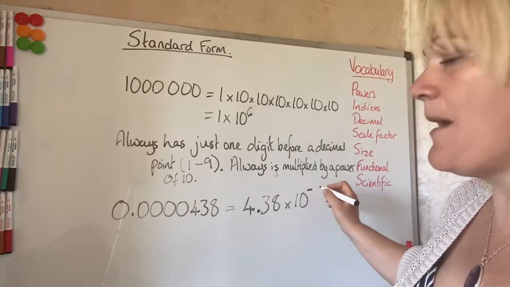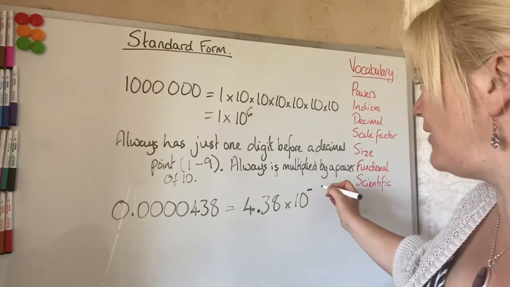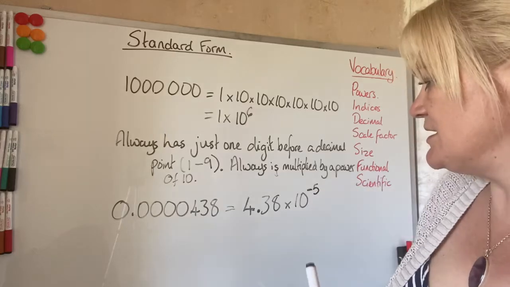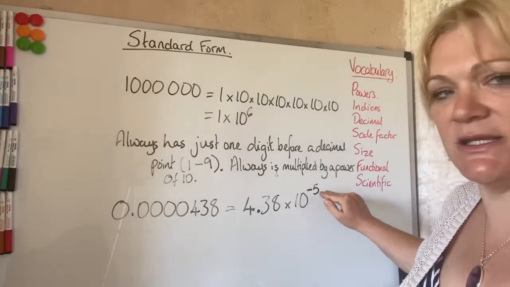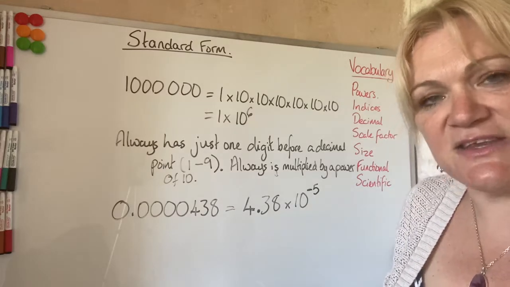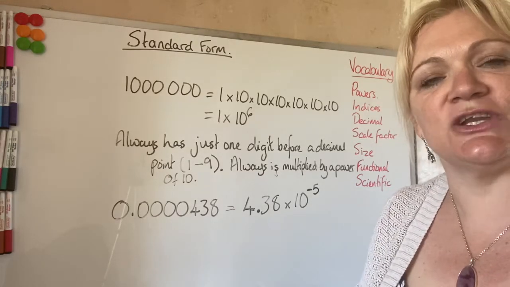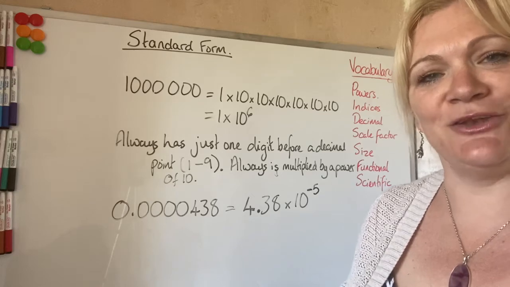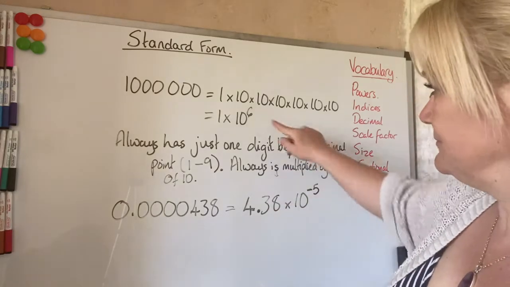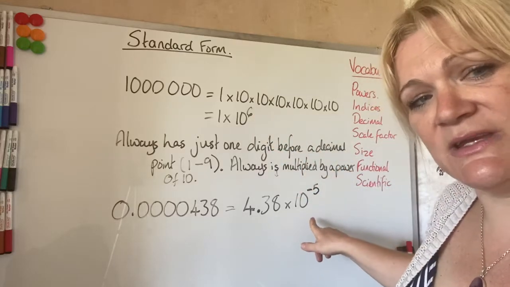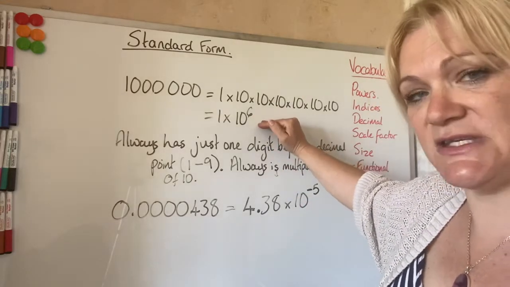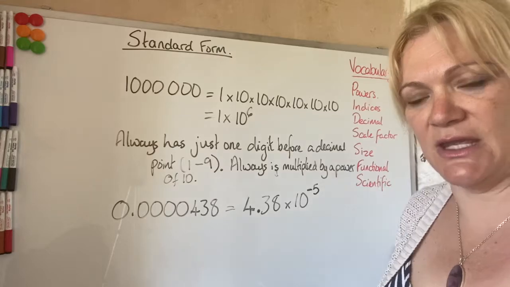And we use a negative power to show that. So it would be 4.38 times 10 to the minus 5. And that negative power shows us that our number is actually really, really small and not really, really big. Over here we had a positive power. Over here we have a negative power. Big numbers have positive powers, small numbers have negative powers.